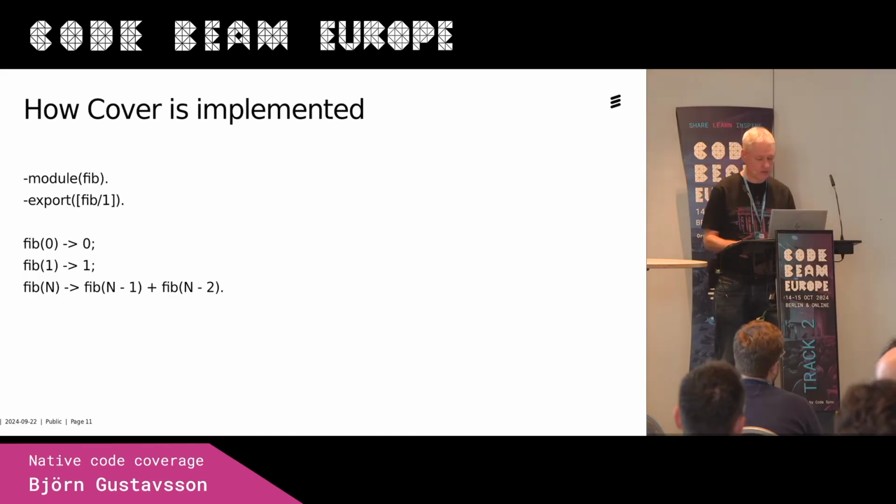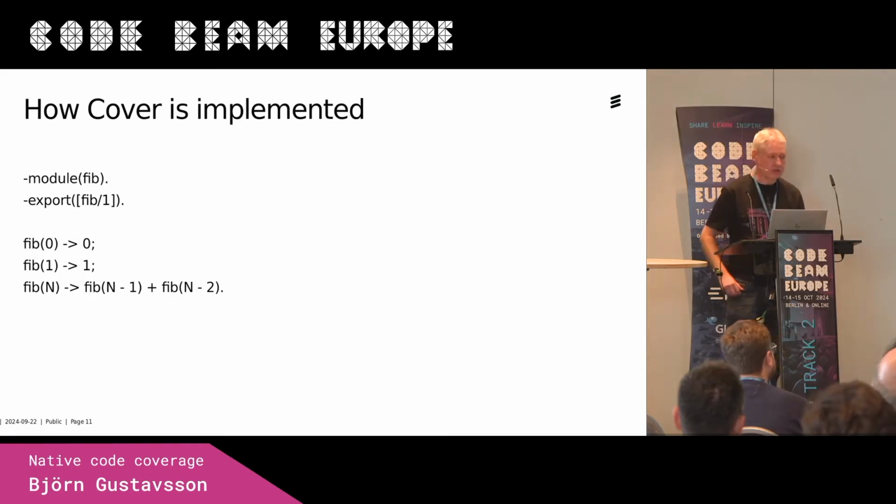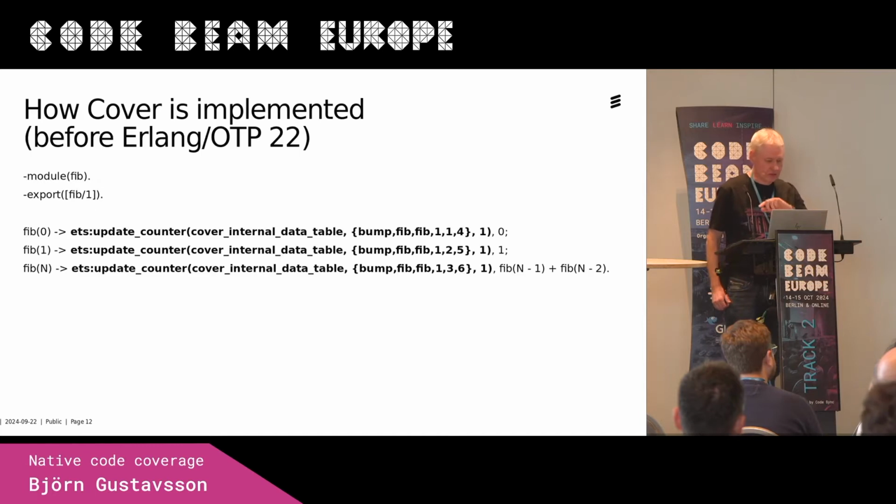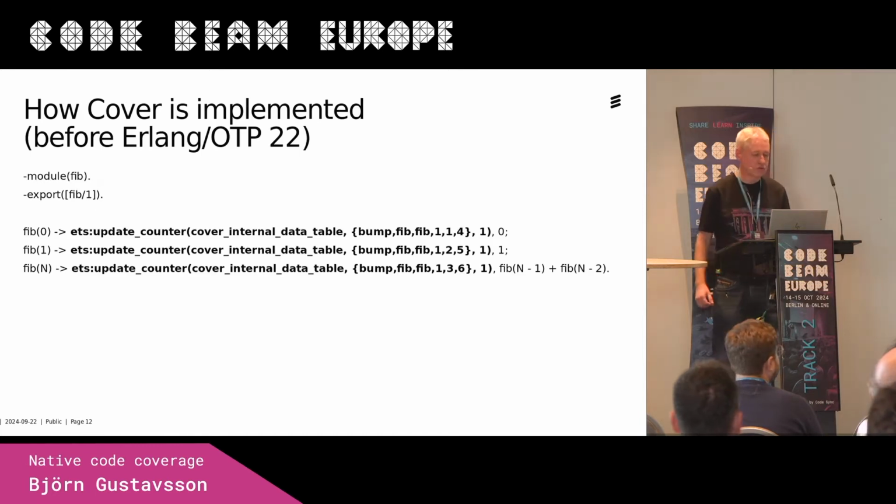I should say that cover will insert extra code to count when each line is executed. So here's how it was done before OTP 22. We used ets:update_counter, inserted that code on each line, and then when you do that analyze step, it will read out the counts from that table.